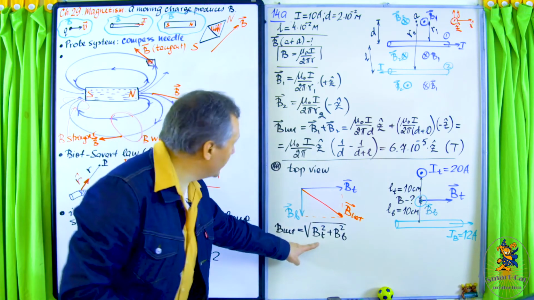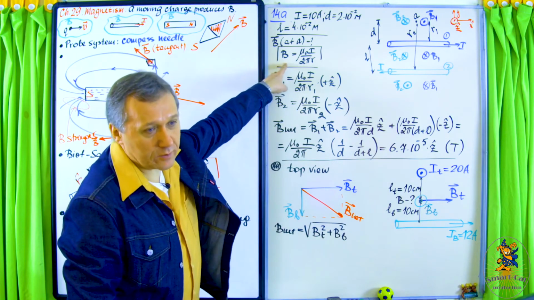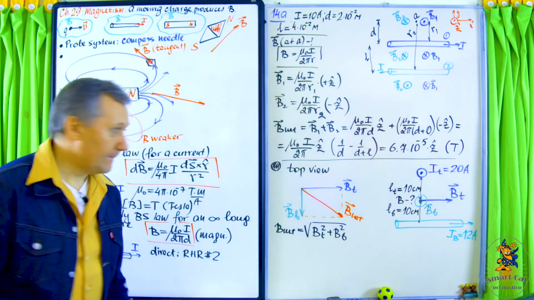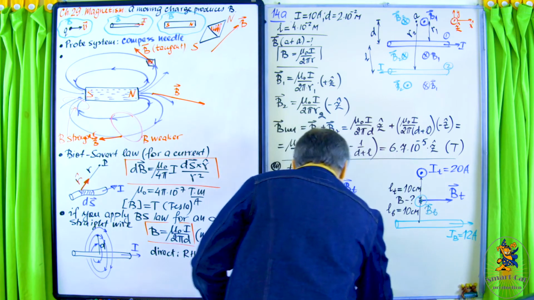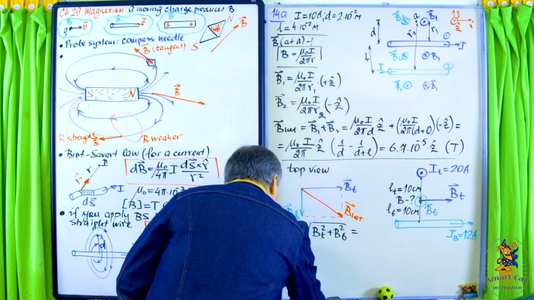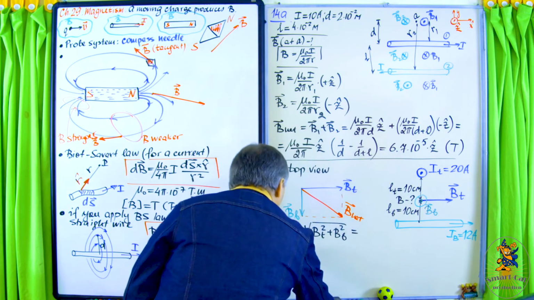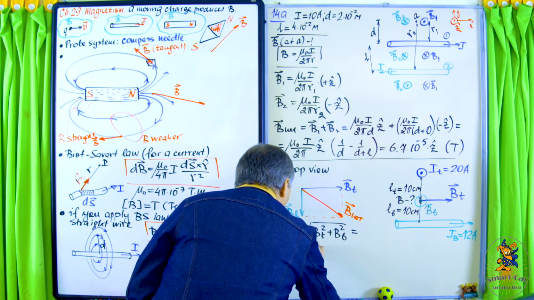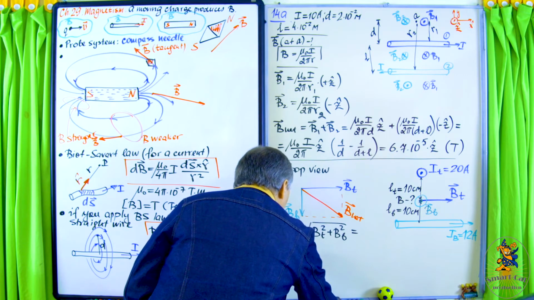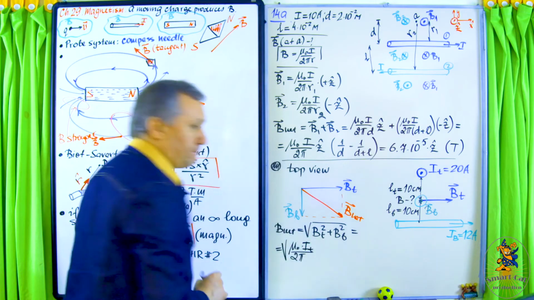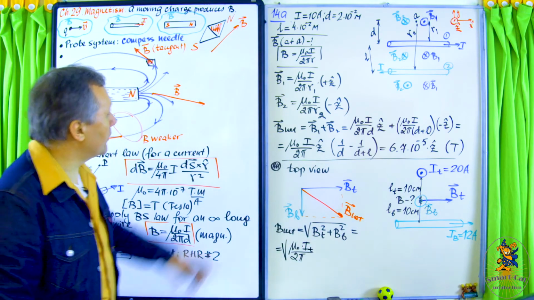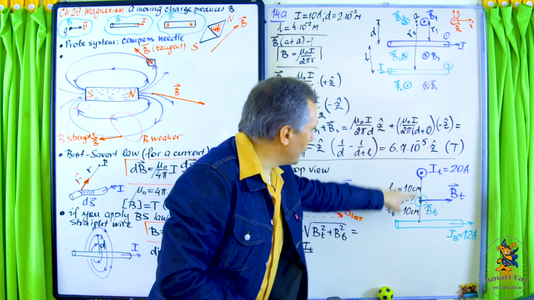And of course, the magnitude of B_T and B_B we can find using this formula. Let me write it explicitly. It will be the square root of (mu naught I sub t divided by 2 pi, then the distance from the wire to the point in question.